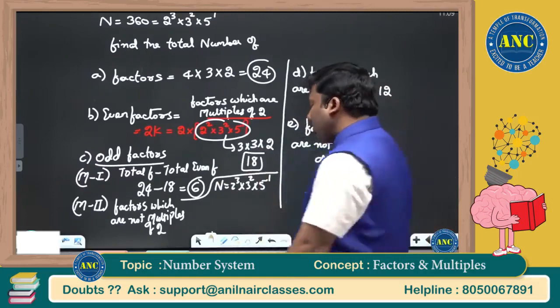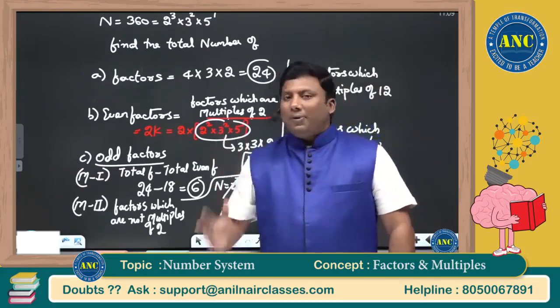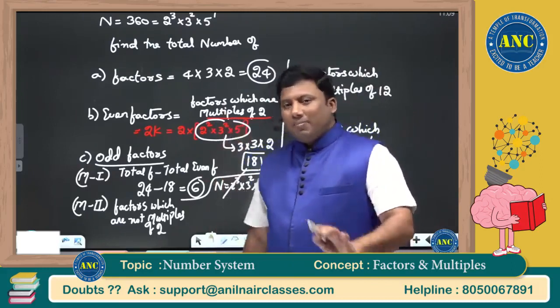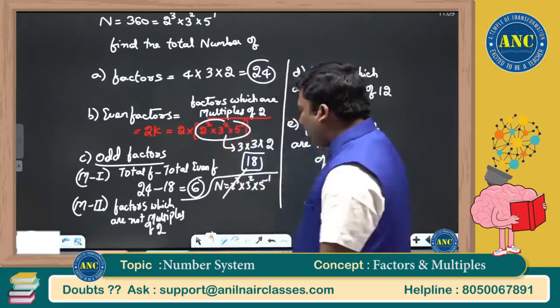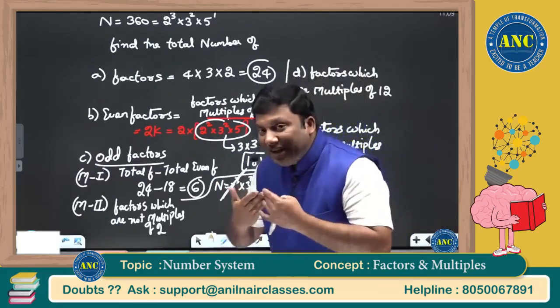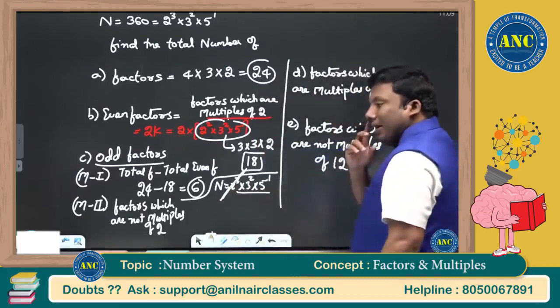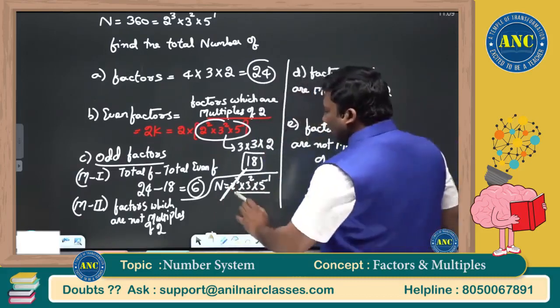Remove all the powers of 2. Even if you keep 2 power 0, 1 into any number does not change it, so I am removing all the powers of 2. If I remove all the powers of 2, the number is never divisible by 2, so the remaining numbers are the factors which are odd numbers.